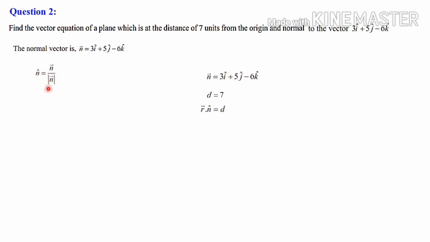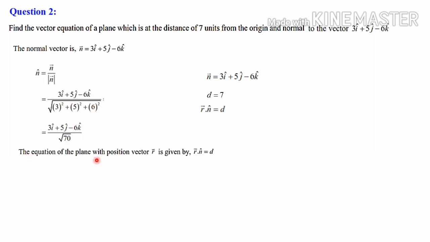Vector n divided by modulus of vector n, where modulus of vector n is the root of x square plus y square plus z square, that is the root of 3 square plus 5 square plus 6 square in the denominator, and the numerator is vector n itself, 3i cap plus 5j cap minus 6k cap. The numerator is the same; in the denominator, 3 square is 9, 5 square is 25, 6 square is 36. When you add these 3, we get 70, root of 70.